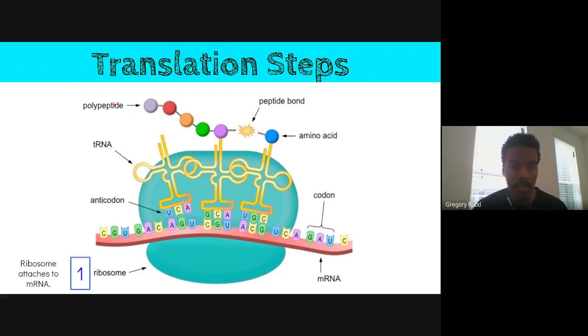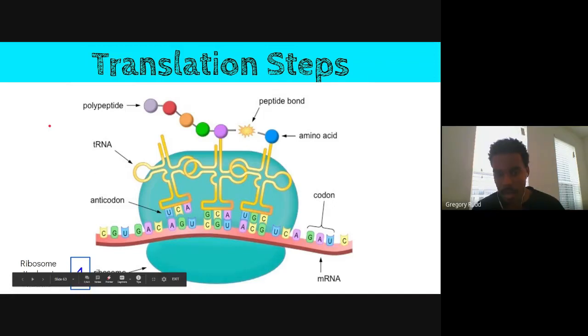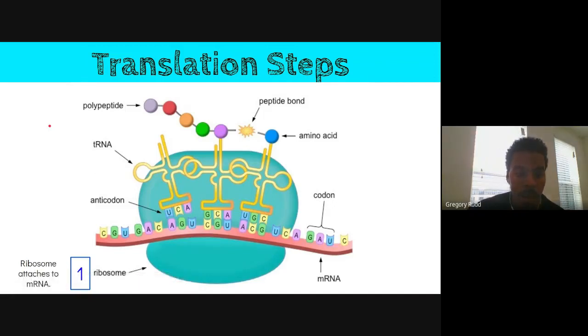So here are the steps again. Step 1, the ribosome attaches to the mRNA. That's what it says down there at the bottom. It's blocked out right now, but the ribosome attaches to the mRNA. Step 2, the ribosomes read codons. So they read these bases in groups of 3.